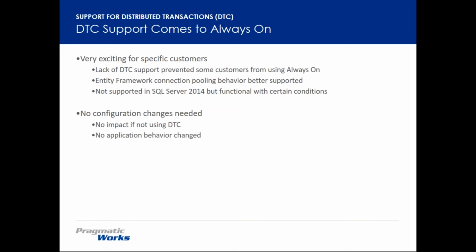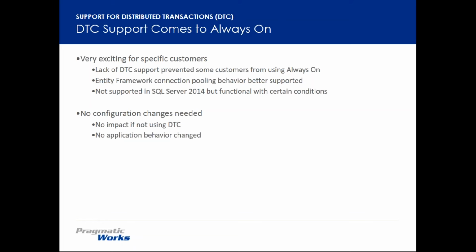Another thing to point out here is if you use Entity Framework, and I know that's gaining in popularity, if you're supporting applications developed using Entity Framework, its connection pooling behavior would escalate transactions to be distributed transactions as traffic picked up. And I'm not going to get way into the weeds on that, but the more the application was used, occasionally transactions would be escalated to be distributed.